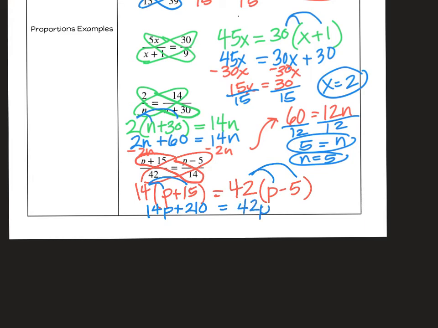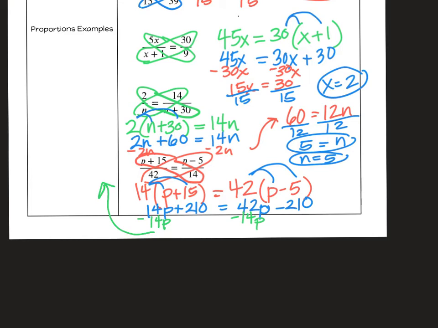42p minus 210. Now I'm going to look for my smallest variable and go ahead and subtract it. So the smallest one is the 14p, so I'm going to subtract that on both sides. I'm going to draw an arrow up here.